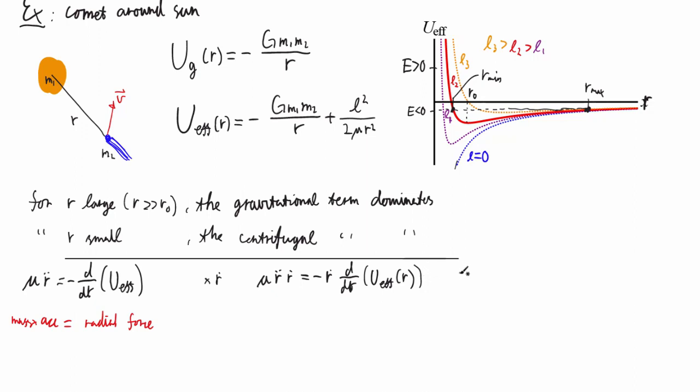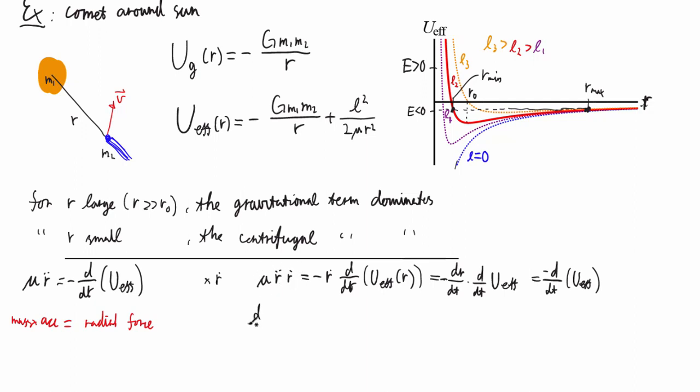Now, because this is a single variable problem, we can use the chain rule. We can say this is dr/dt times d/dr of U effective, and with the minus sign, that's the same as minus d/dt of U effective. We can also see that on this side, this can also be written as a time derivative.